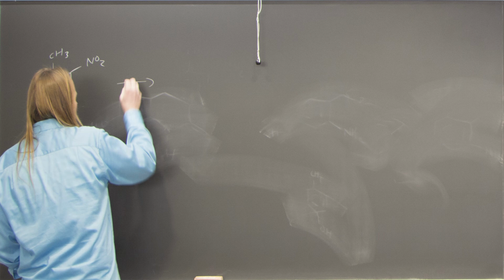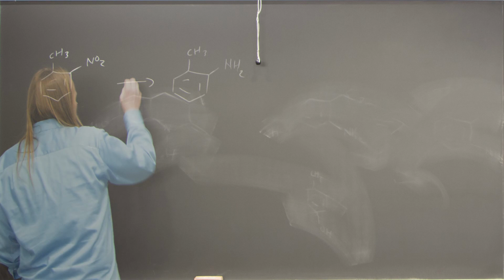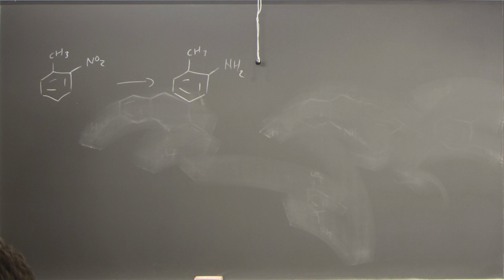But there is an option. Take it down first. Right now, that amino is an ortho and para-directing group. But what happens if I protonate it?